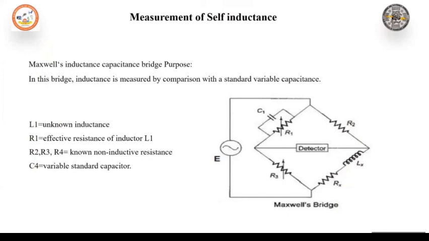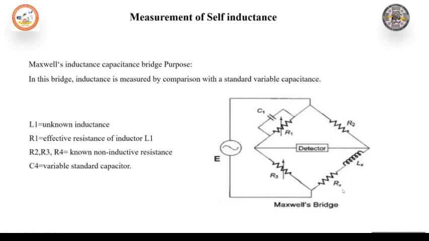Using this bridge, we can measure inductance by comparing it with a standard variable self-inductance, which is arranged in the bridge circuit form. But in the syllabus, we have the Maxwell's inductance capacitance bridge, so I'm going directly to it.